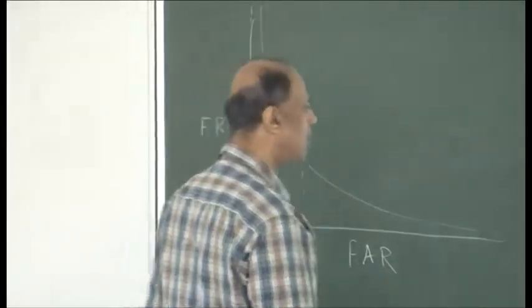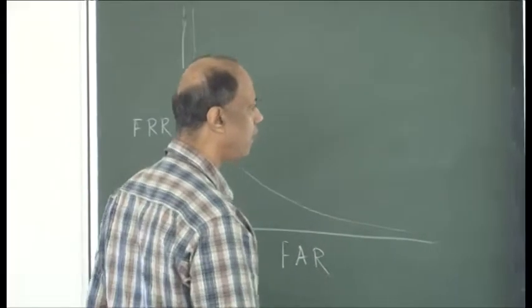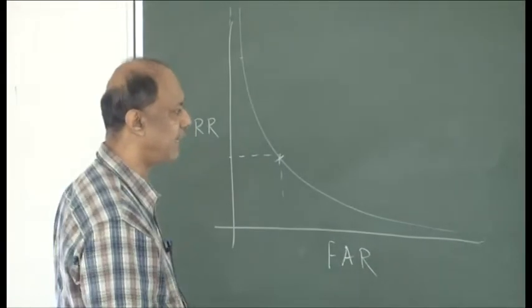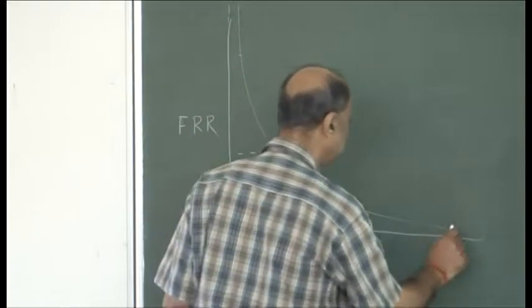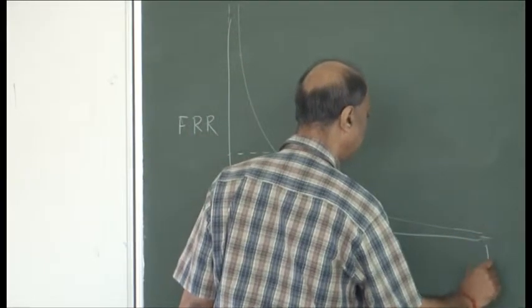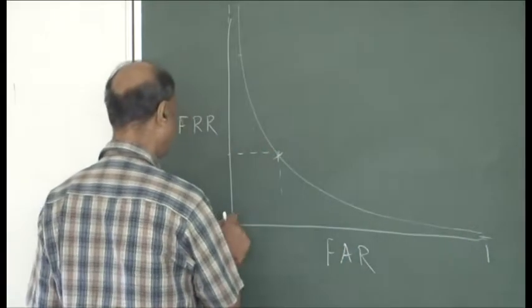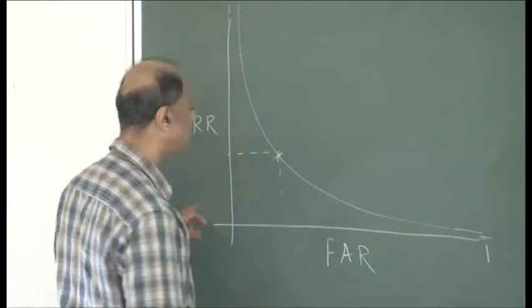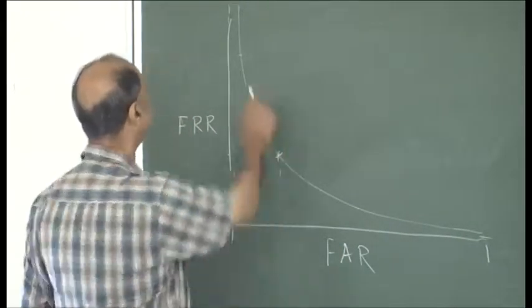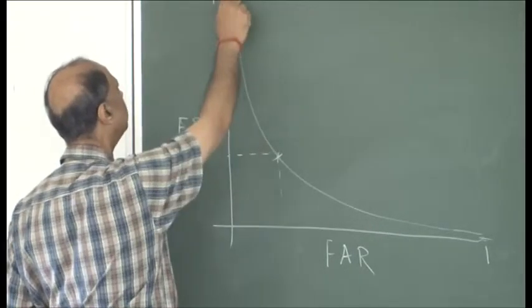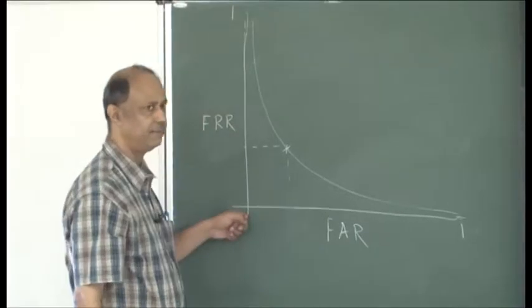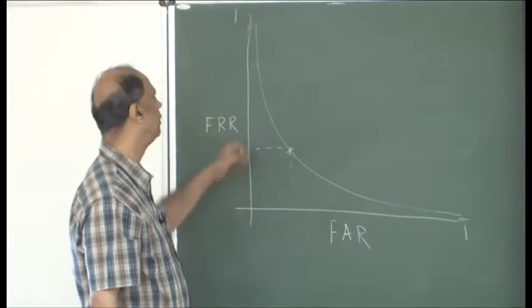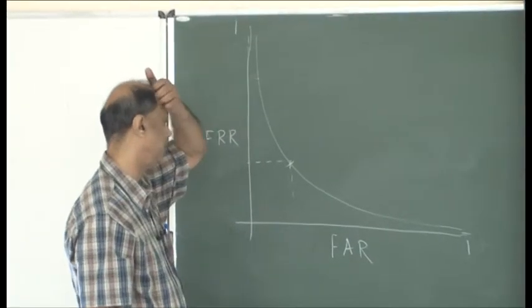Now, in this ROC curve, the false acceptance rate is near 1, it cannot be 1, and here it will be near 0. The false rejection rate will be 0 at one end, and 1 at the other; it is near 0 for FAR, FAR 0 but FRR is 1.